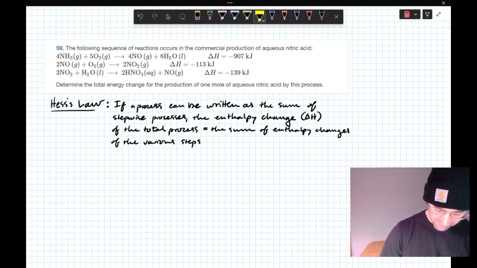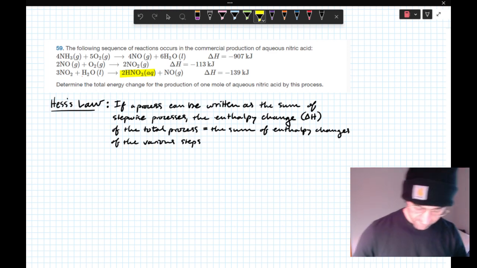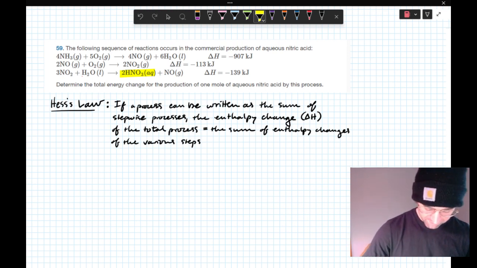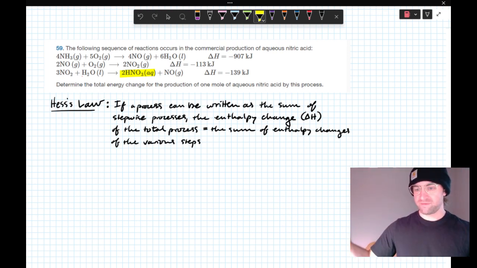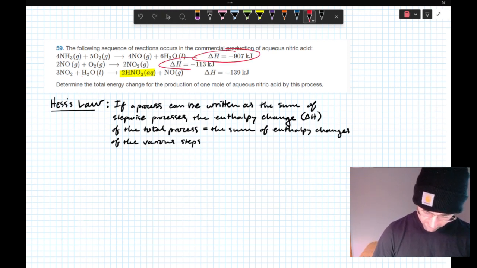So the product of interest here is aqueous nitric acid. To get there, we have these stepwise reactions and their associated enthalpy changes.